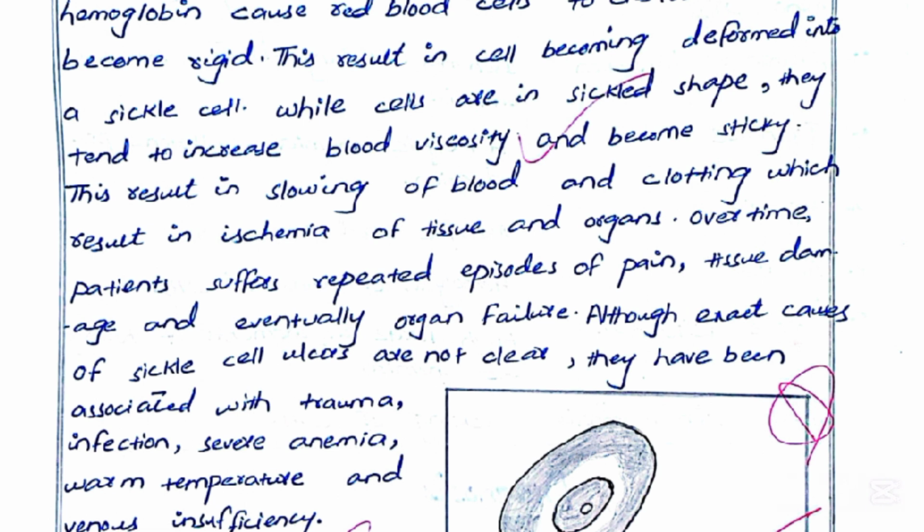This results in slowing of blood and clotting, which results in ischemia of tissue and organs. Over time, patients suffer repeated episodes of pain, tissue damage, and eventually organ failure. Although the exact causes of sickle cell ulcer are not clear, they have been associated with trauma, infection, severe anemia, warm temperature, and venous insufficiency. So this is the basic pathogenesis of sickle cell ulcer.